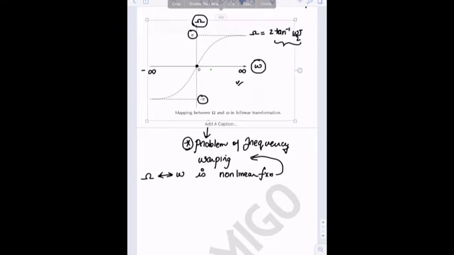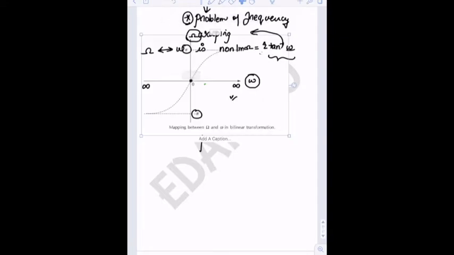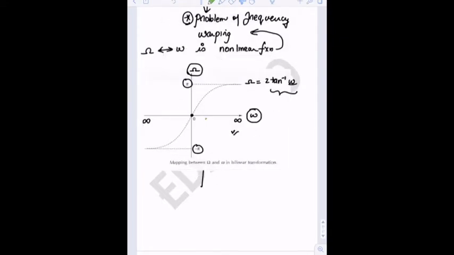For this, let me copy the figure and paste it here. Now just look at the continuous frequency omega axis. Let us take these values, which I'm marking with green. These values on the digital frequency axis will be visible over this region.